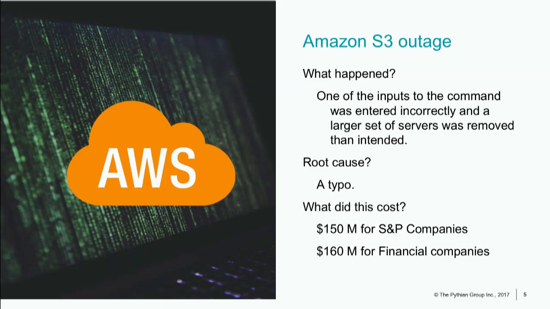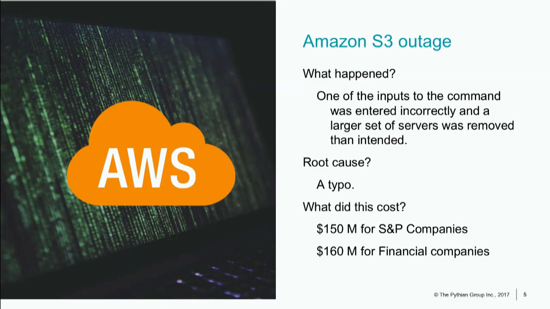Oops. I'd like to take that back is probably what that engineer was thinking. Now, automation is amazing, and I'm a fan. We use it at Pythian. We're on that track. But now we have to think, as engineers, we have more power to affect things at a larger scale very quickly. AWS did publish what it cost some of their clients, but what did it cost them in time? What did it cost them in brand?